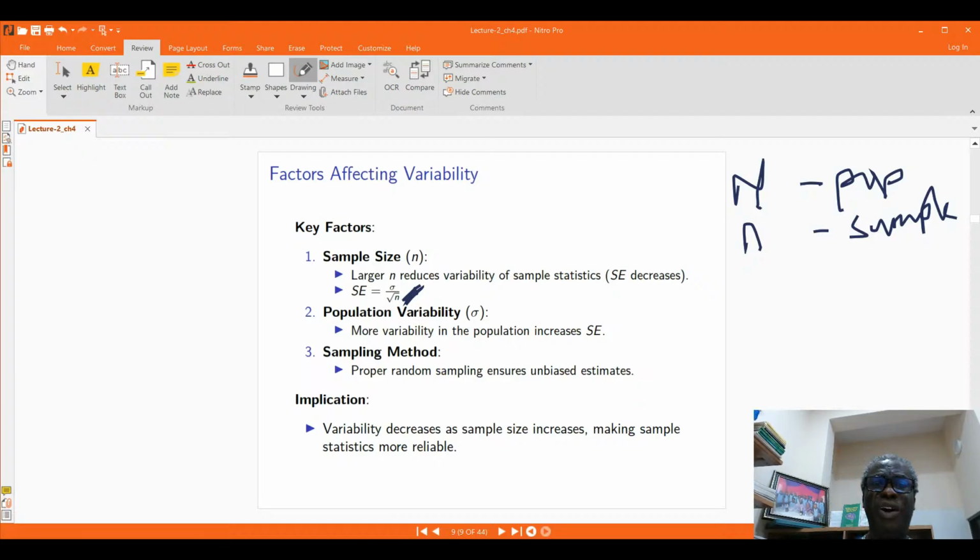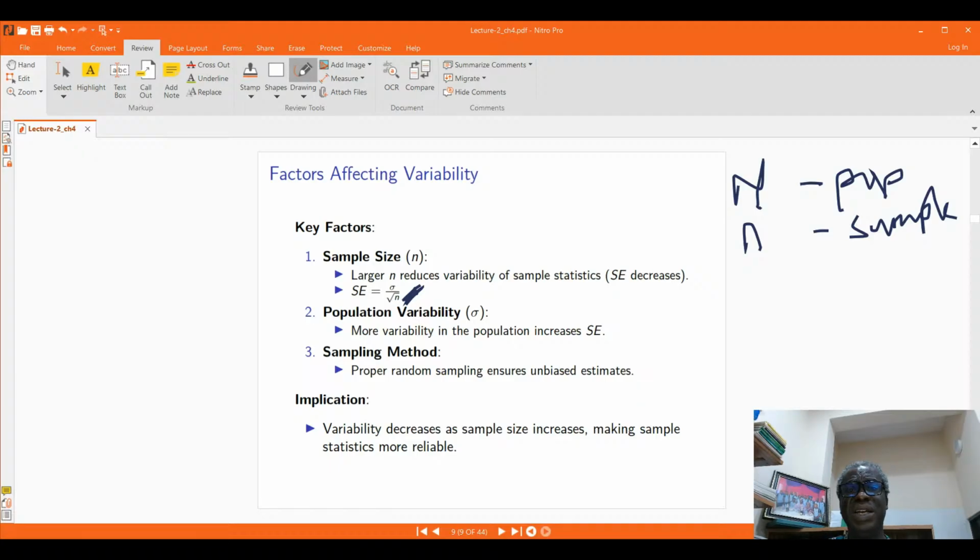So more variability in the population standard deviation will increase the standard error.